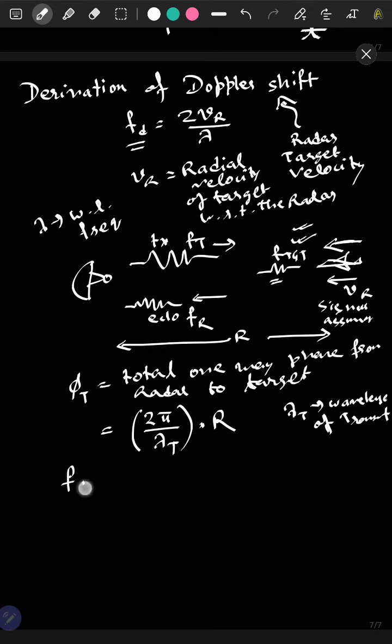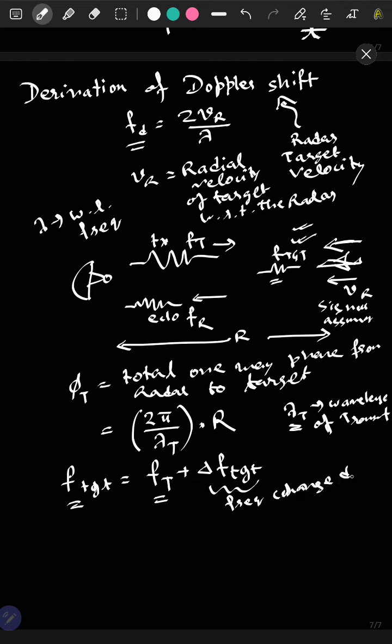Our F target equals the transmitted frequency Ft plus the change in the F target value. F target is the frequency of illumination seen by the target. Ft corresponds to lambda t, the frequency transmitted by the radar. Delta F target is the frequency change due to motion.